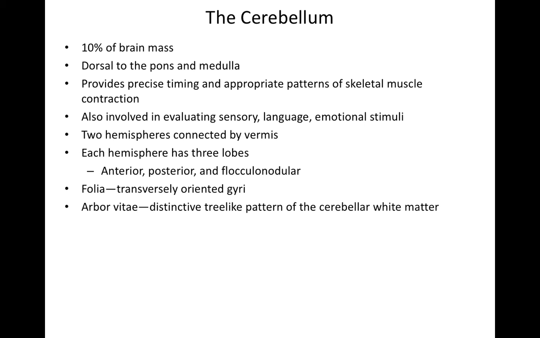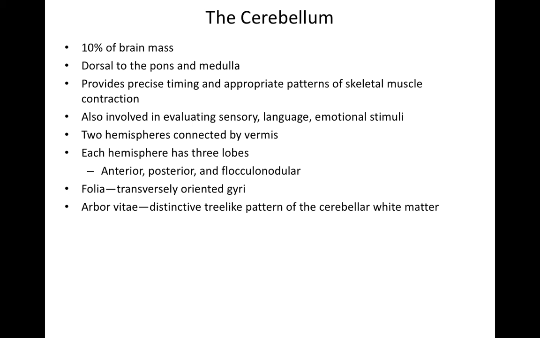So we've got two hemispheres of the cerebellum. They're connected by a structure called the vermis, and each hemisphere has 3 lobes. You've got what are called folia, which are the folds that are basically in the transverse plane. Okay. The interior has what's called the arbor vitae. It looks like a little tree.